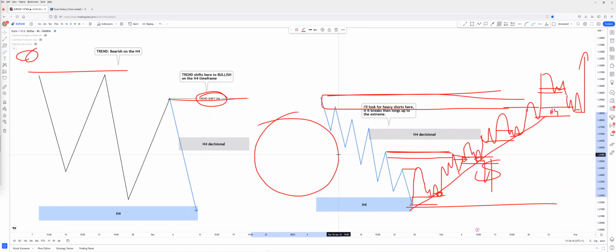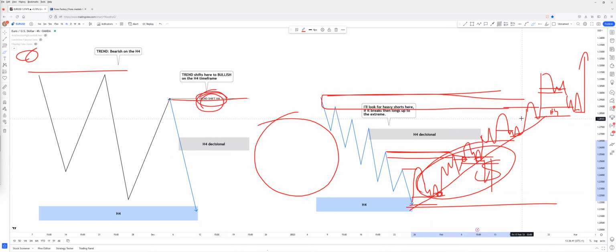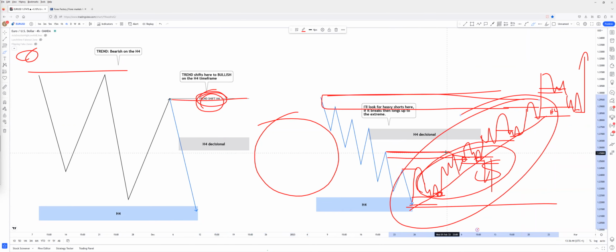So if the 4-hour is bullish, you're going to mark out every single 4-hour and 50-minute demand area and prioritize those over the supply areas. If the opposite happens and the trend is bearish, you're going to mark out every single 4-hour and 50-minute supply and prioritize those over the demands until the shift happens, or until this order flow shift happens, or until anything that I showed you here happens.